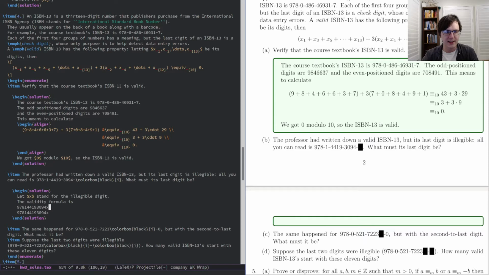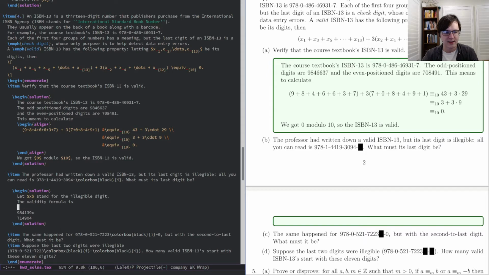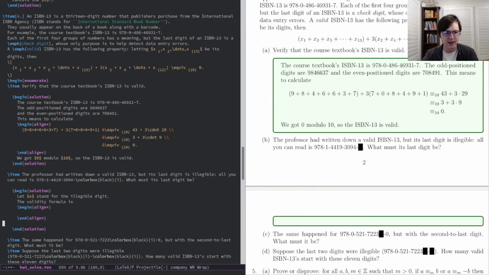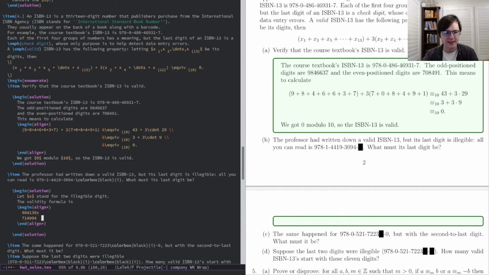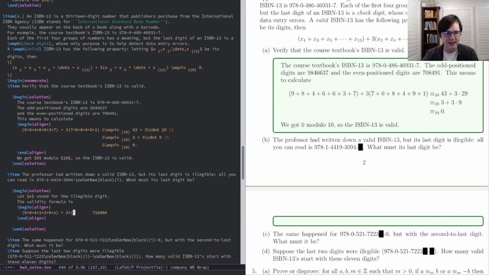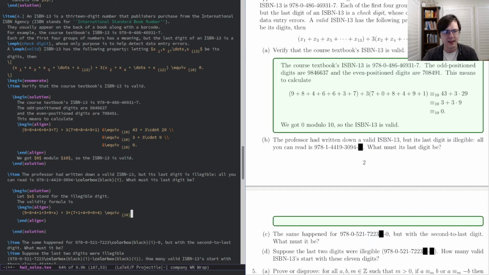Then those will be the odds, so I'll remove every other, should end in an X, then remove every other, starting with a 9, delete the X, create the align, take these, add the pluses, there's a 3 times in there, add the pluses, and then this is supposed to be 0 mod 10.